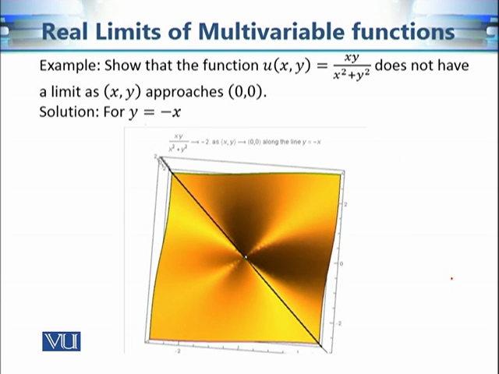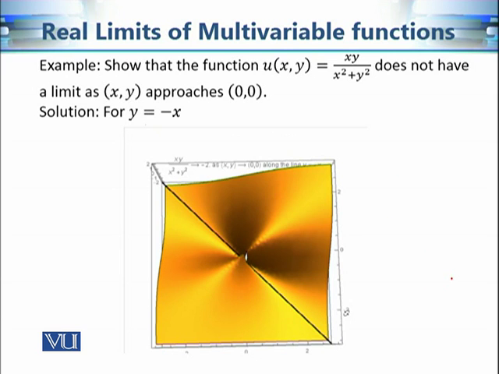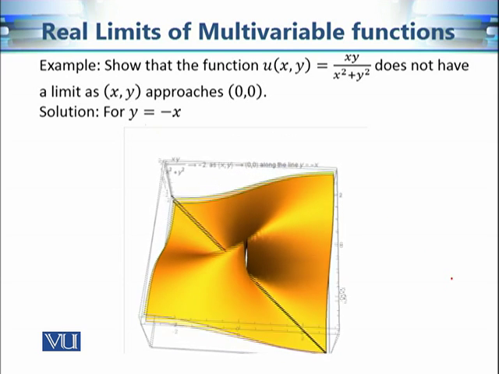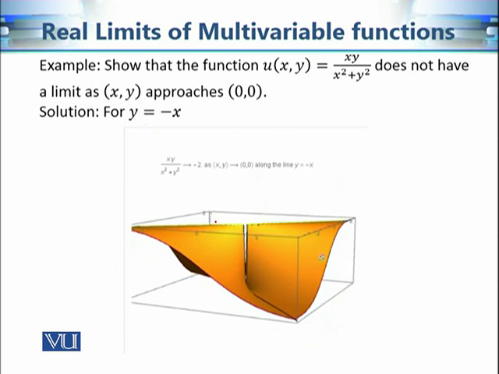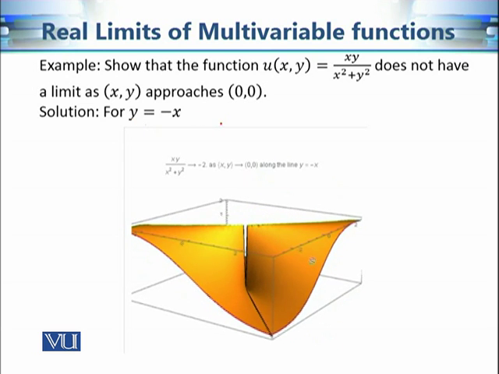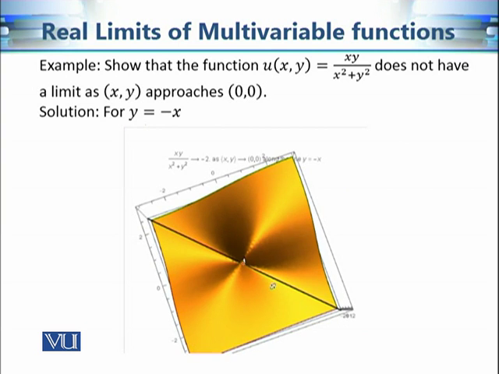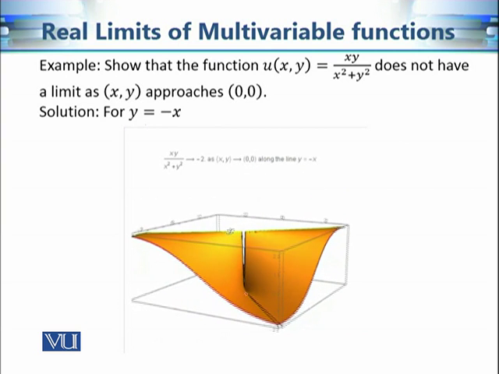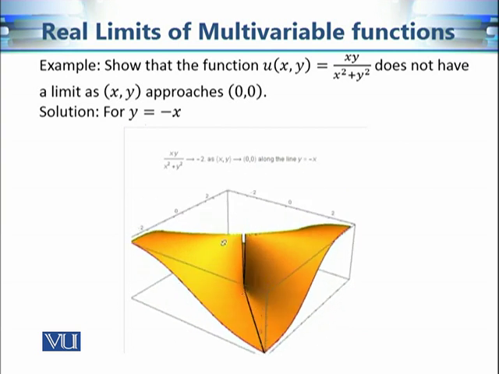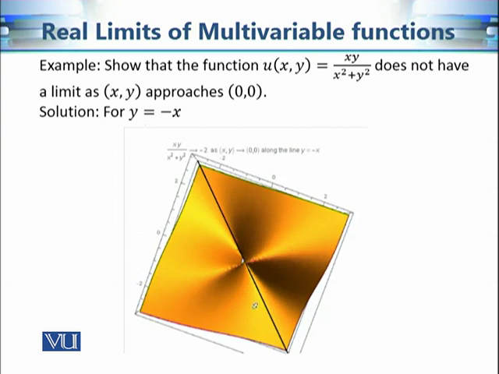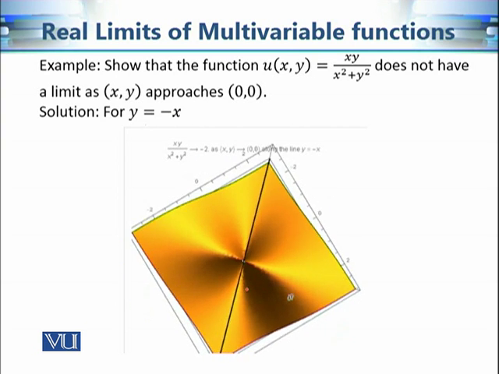Now let's see geometrically what is happening. So once again this is the graph of the function, and if we are calculating the limit along the line y is equal to x, now you can see a black line which is the line y is equal to x. Now when we are moving on the graph of the function along this line, since there is a gap over here, we are approaching a point which is below the point which we calculated in the earlier case, which is the y is equal to x case.